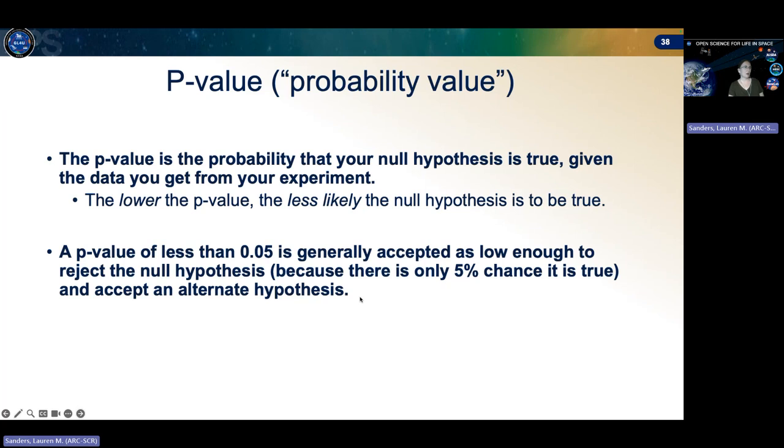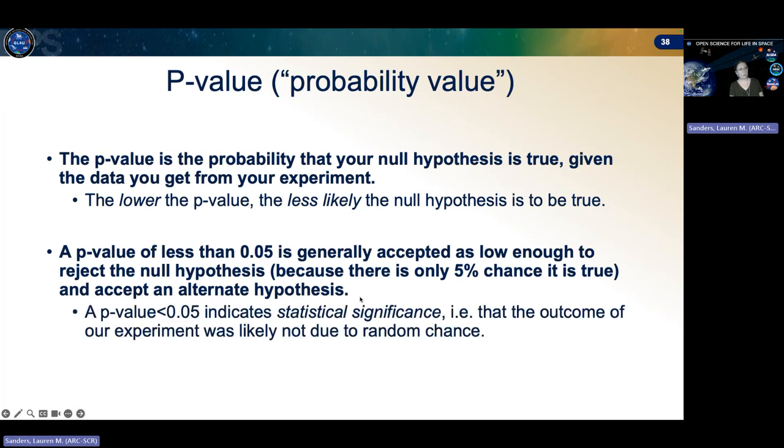And then if our p-value is less than 0.05, we can accept our alternate hypothesis. Another way to put this is that it indicates statistical significance. So the outcome of our experiment was likely not due to random chance.